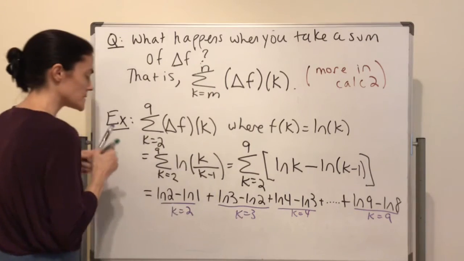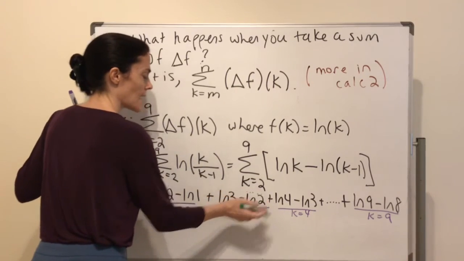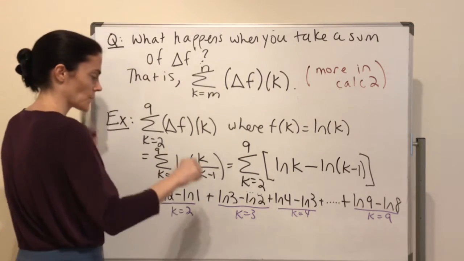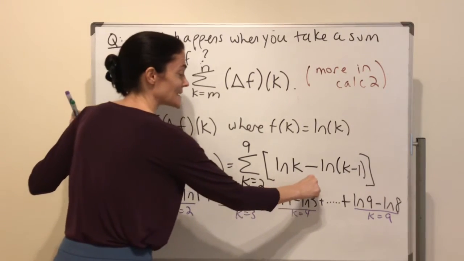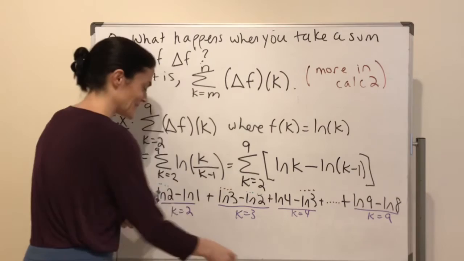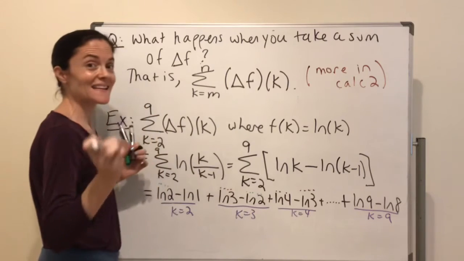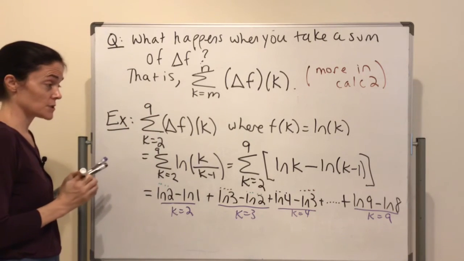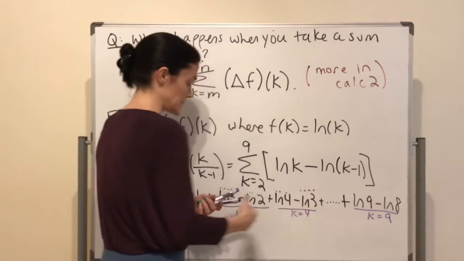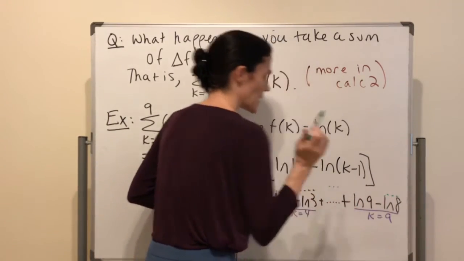So you notice here we have a ln 2, and in the very next term there is a minus ln 2. And then we have ln 3, and in the very next term there's a minus ln 3. And then I'm running out of colors up here, but we have an ln 4. And in the very next term I will have a minus ln 4. And then we get to the second to last term, we will have an ln 8, and it will add to 0 with this minus ln 8, okay?